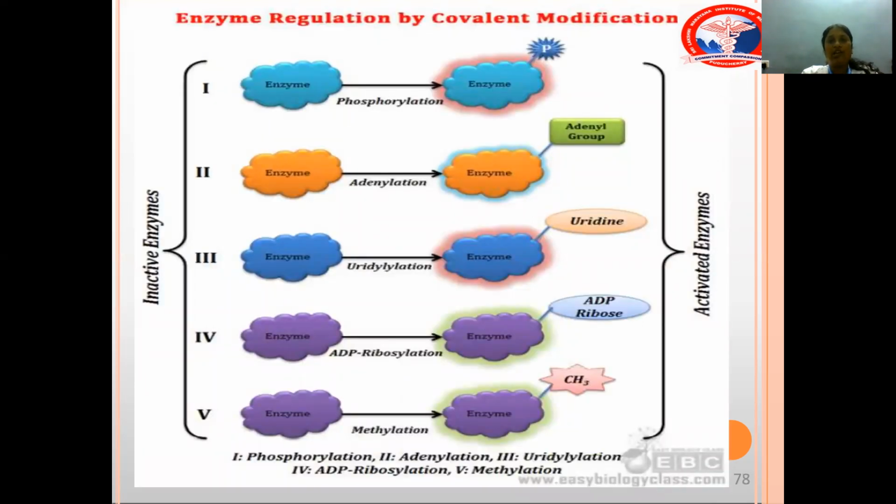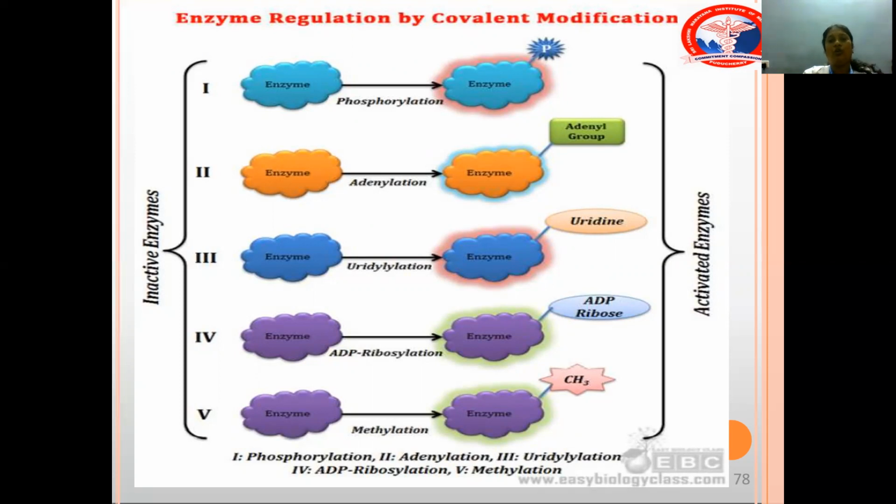Now, enzyme regulation by covalent modification. We have many modes of covalent modification. Here you can see some of the examples. One is phosphorylation, that is, the enzyme will be phosphorylated. Some enzymes will undergo adenylation, that is, an adenyl group will be added to the enzyme.